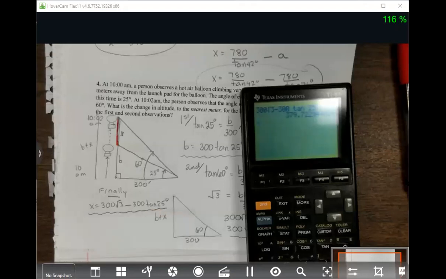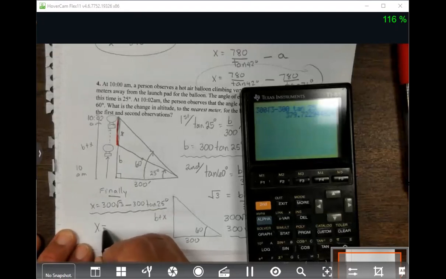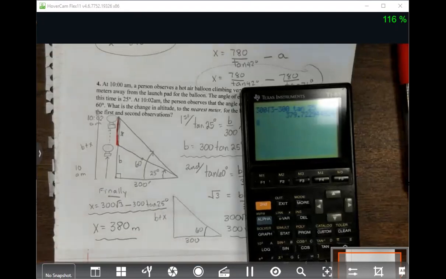And I get, to the nearest foot, 380 feet. Meters. Yes, sir. On the test, we have to write the tangent 60. If it's a known angle, I'd rather you give me the value, because that's part of what I'm testing you over.